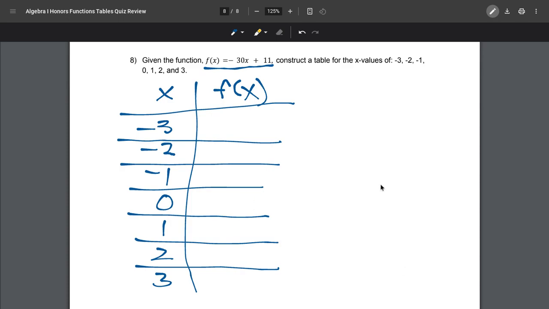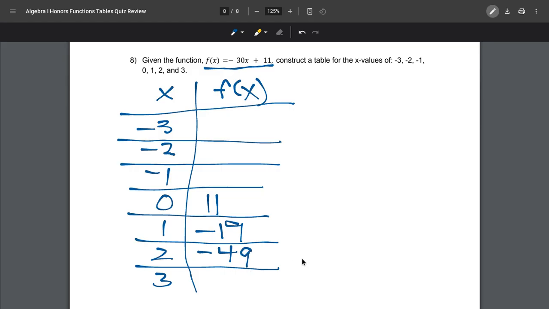It's a mouse-drawn table, but anyways, at 0, f of x is going to be 11 because of the intercept here. And it's going to decrease by 30 each time. So if I go to 1, we're going to drop 30. So we do 11 minus 30, which is negative 19. Then we subtract 30 again, which is negative 49.